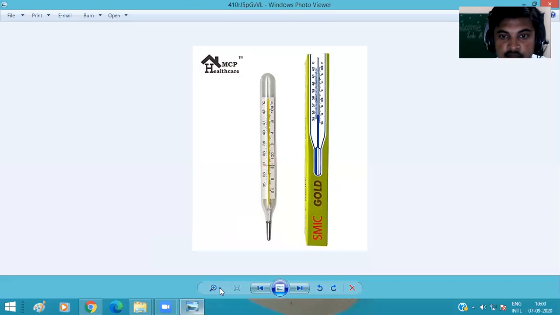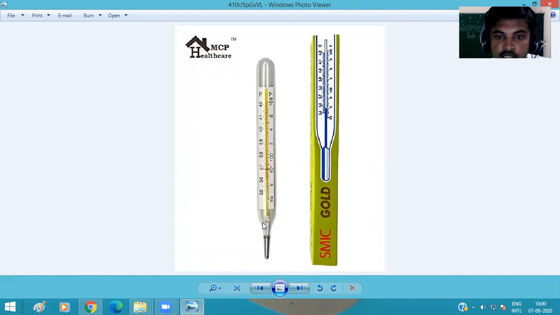So I will show you an image. This is our clinical thermometer, and you see this is the limit. Here the temperature is shown in degrees centigrade. You see here degree centigrade 30, 35, starting from here, 35, 36, 37, 38, 39, 40, like this.